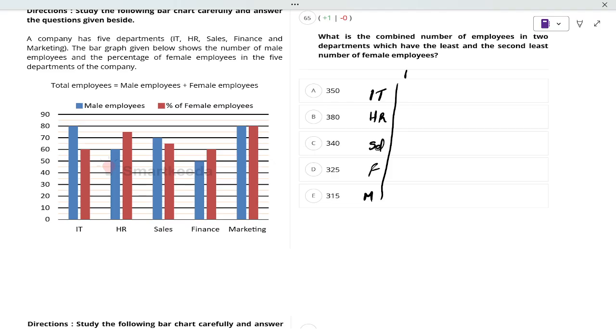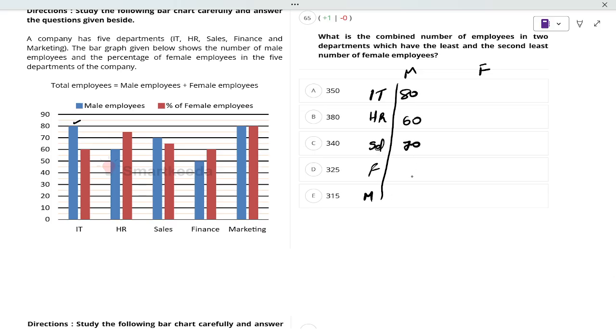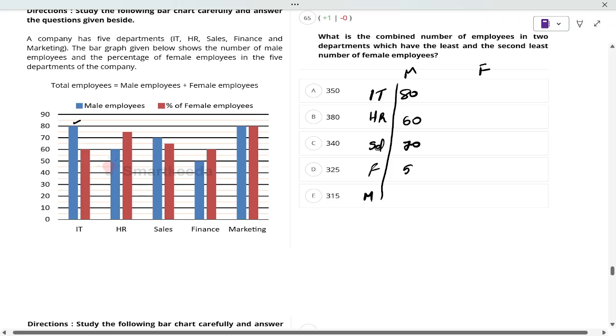Now here male, and let's say this is female. Male from IT is 80, because the blue one is 80, right? HR we have 60. Sales we have 70. Then 50 for finance, and 80 for marketing.